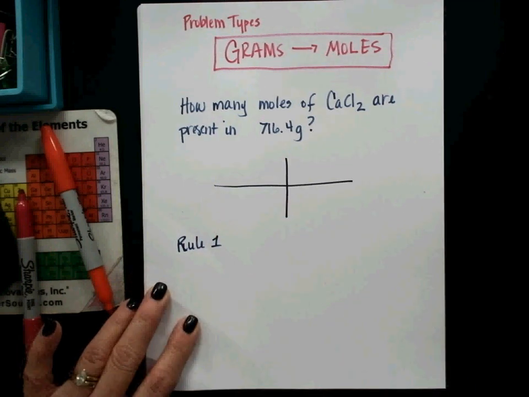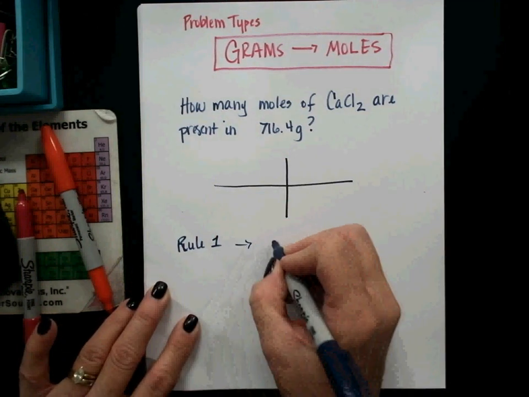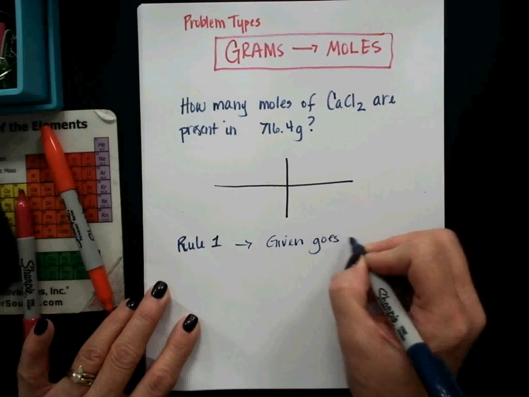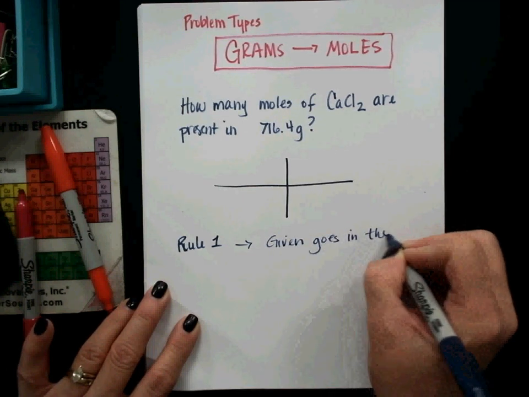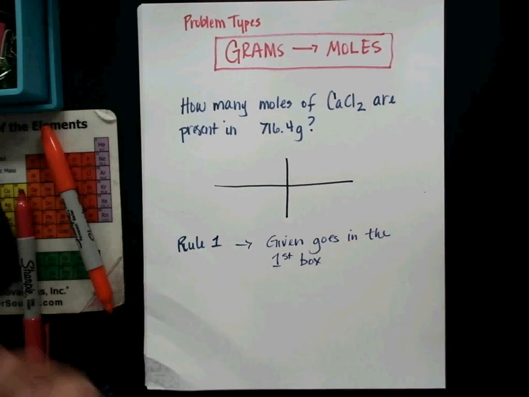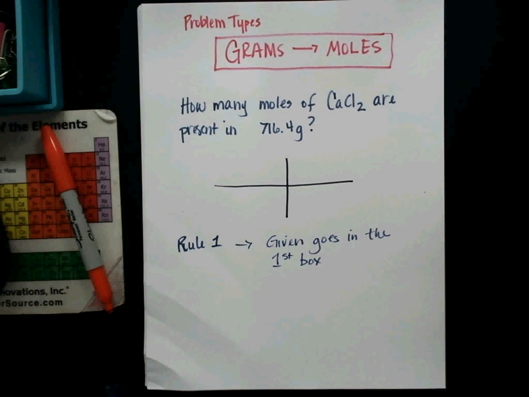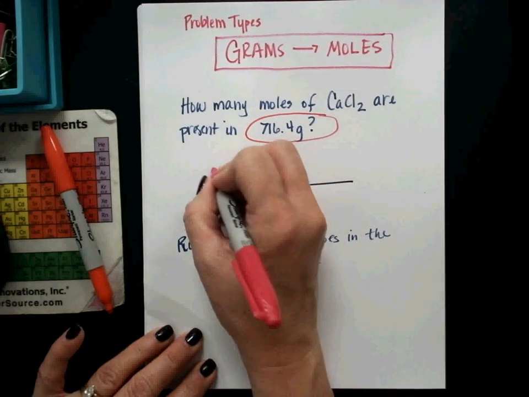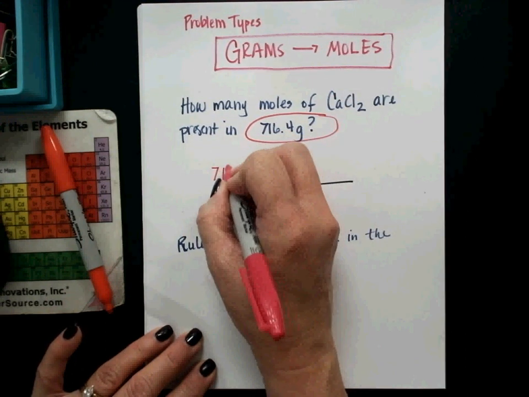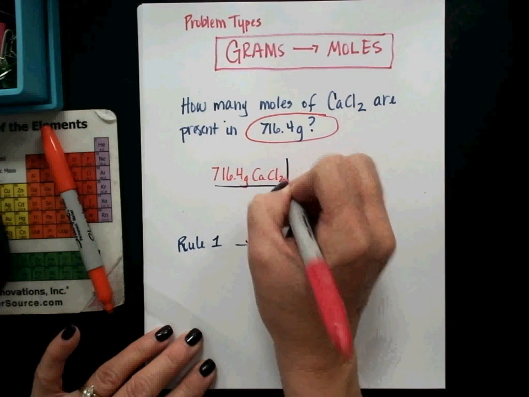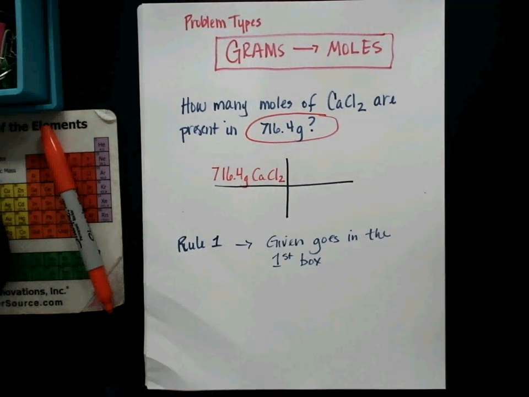And I would say that rule one that we always follow is this: the given goes in the first box. So you go to your problem, you find your given, and you carry it down. 716.4 grams CaCl2.